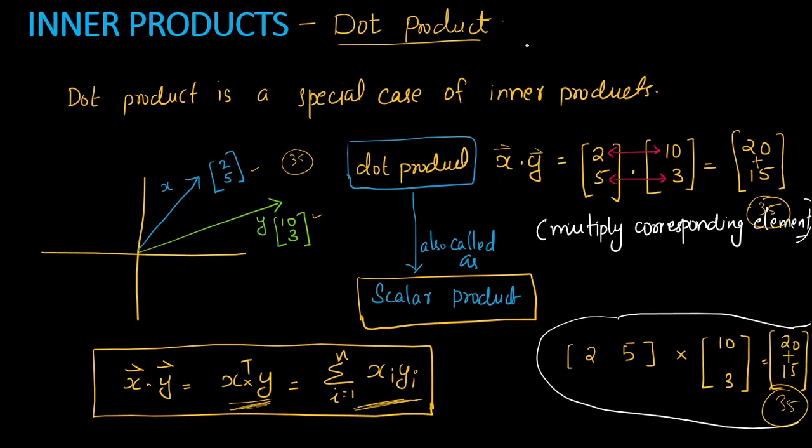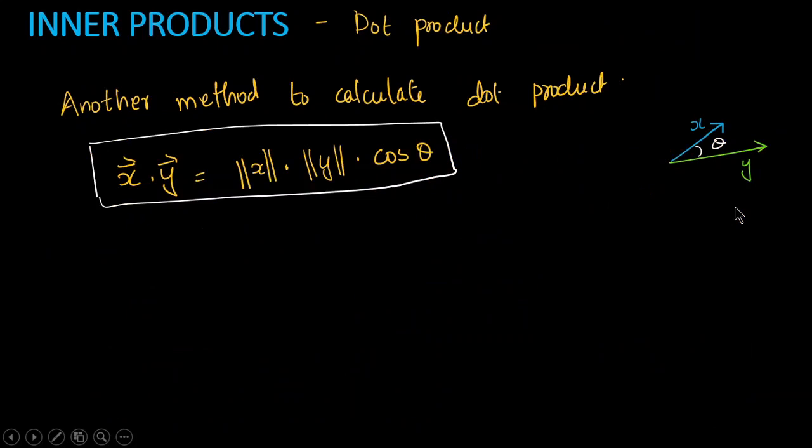Basically, it transforms two vectors into a real number. Then another method to calculate the dot product is like this: x dot y is equal to norm of x into norm of y into cos theta.